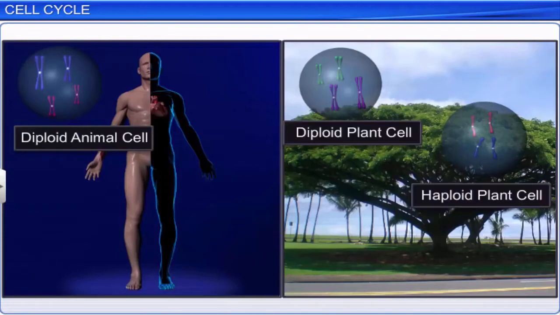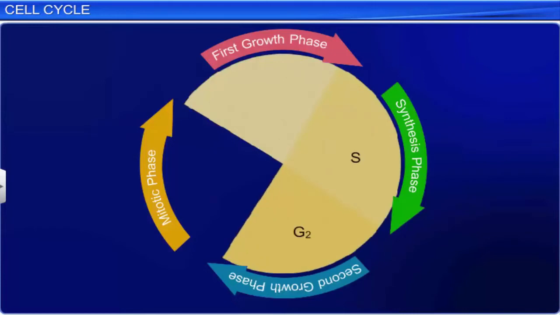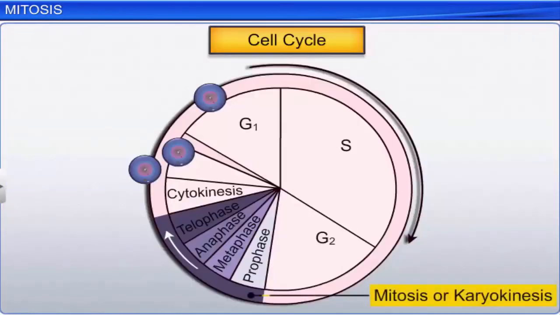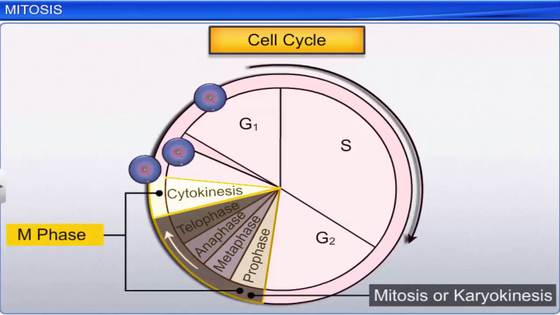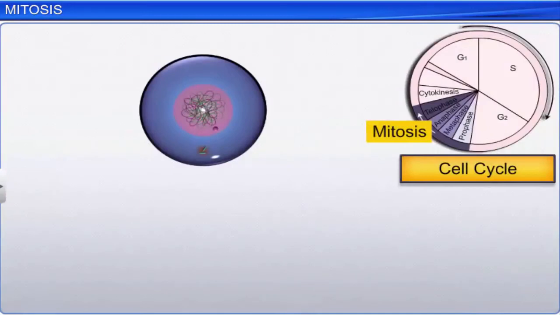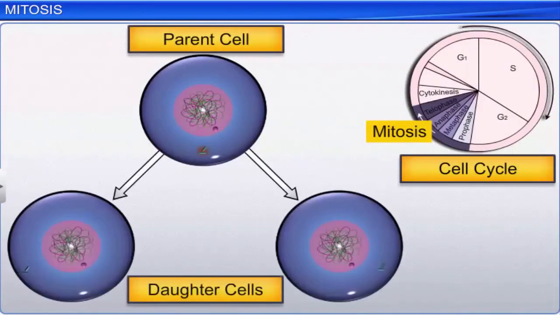In living organisms, the cell cycle is a series of events that leads to cell duplication and division, resulting in the growth of organisms. Mitosis or karyokinesis, along with cytokinesis, defines the M phase or the mitosis phase of the cell cycle. During mitosis, the parent cell divides into two daughter cells, which are not only identical to each other but also to the parent cell.